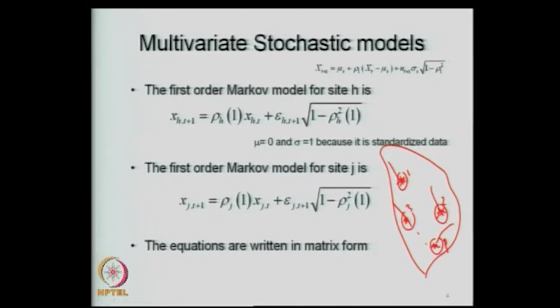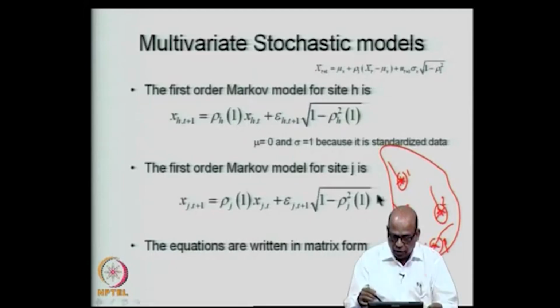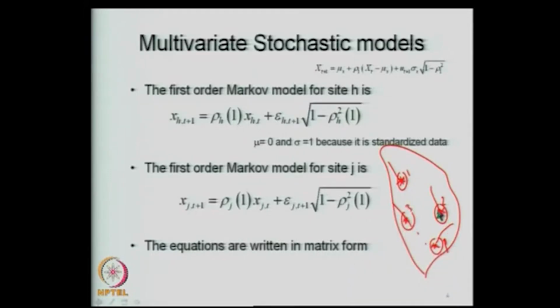Now, these are single site Markov models applied to individual sites like this. When we combine these and then want to write a single model for simultaneous data generation, the different terms that we are introducing, for example, epsilon j t plus 1, epsilon h t plus 1 etcetera, when we combine must in some sense incorporate the dependence of the flows at site h on flows at site j for all h and j.